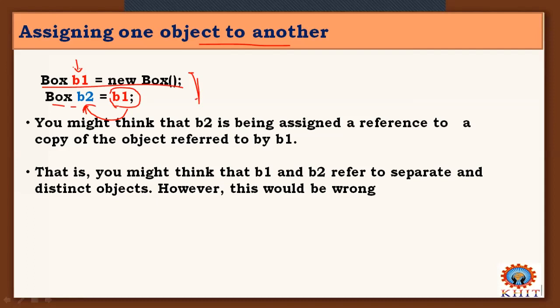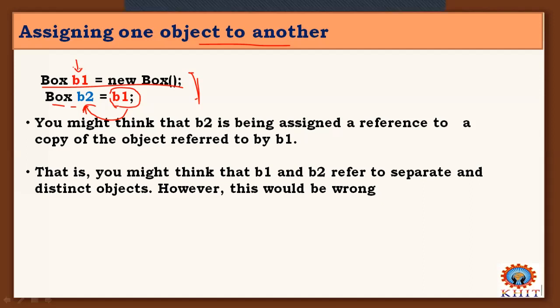You might think that B2 is being assigned a reference to a copy of the object referred to by B1. So B1 is a reference variable referring to the box class object, and the same memory reference is referred to by object B2. This gives a clear picture of assigning one object to another object of the same class.